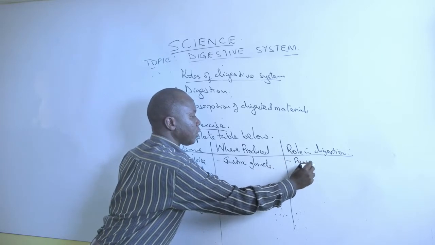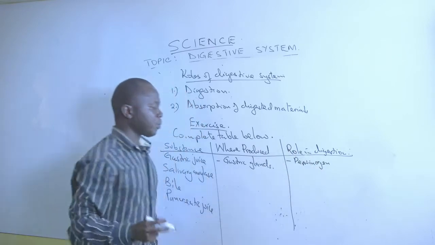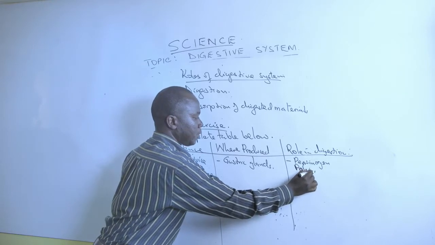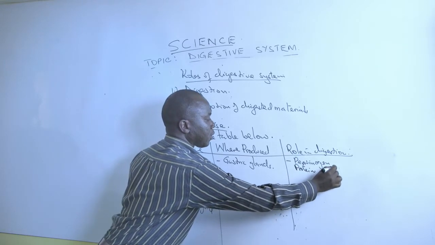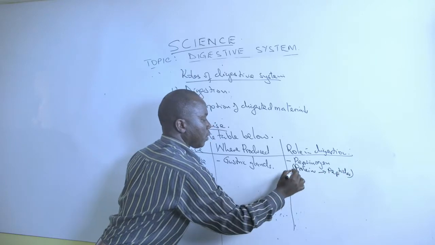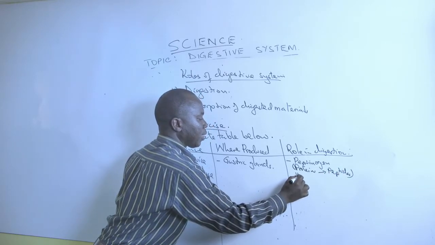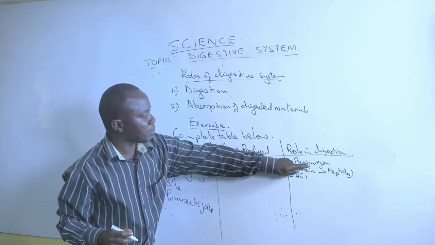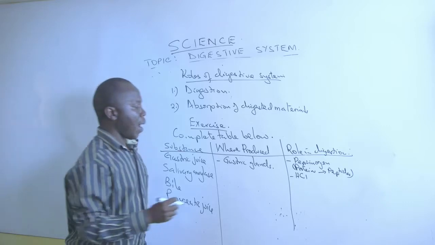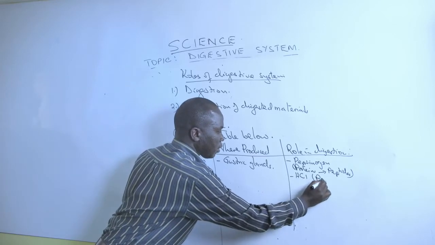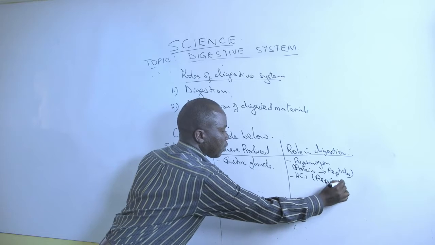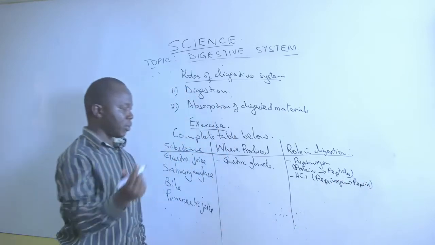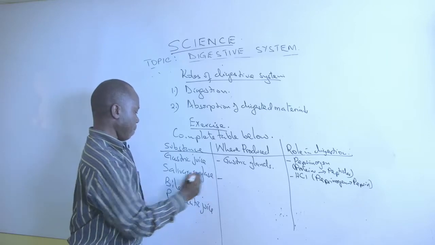Role of pepsinogen is breakdown of proteins into peptides. HCl, hydrochloric acid. The role of hydrochloric acid, we have said, is the one that converts pepsinogen to pepsin. We mentioned several. At your own time, you can complete.